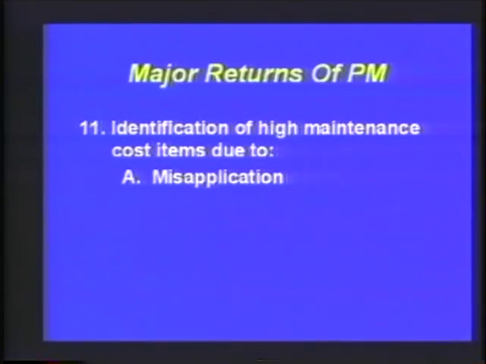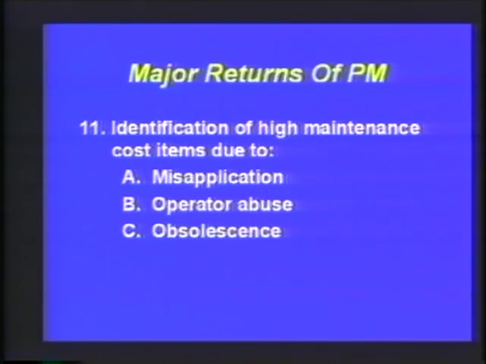Now, item number 11 requires documentation as all the others do, and that is the identification of high maintenance cost items due to, and this is operational reporting, misapplication. I'm using the equipment for a function where the equipment wasn't designed properly. Operator abuse, or having obsolete equipment.